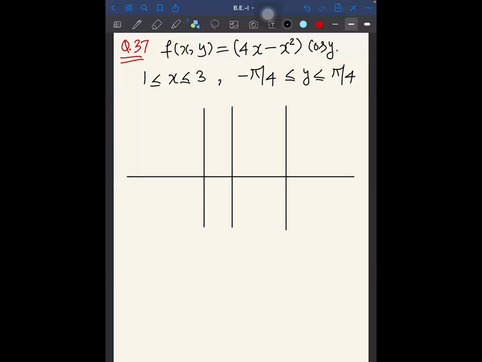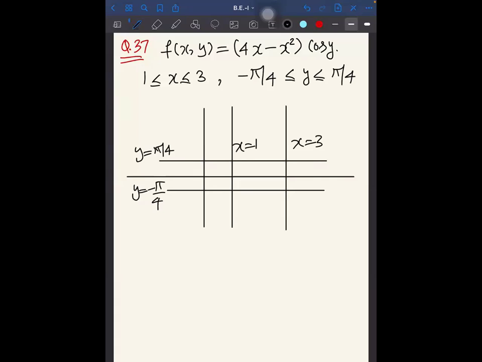So let me mark these lines. So this is the region where we want to find the absolute maxima and minima.